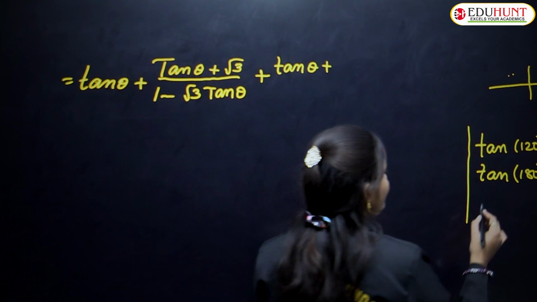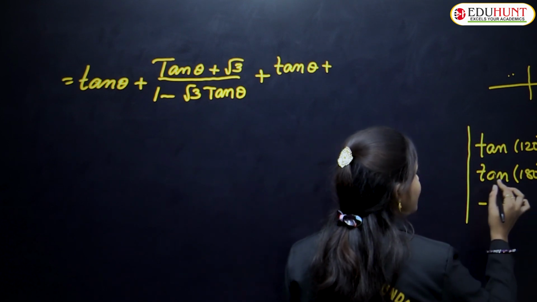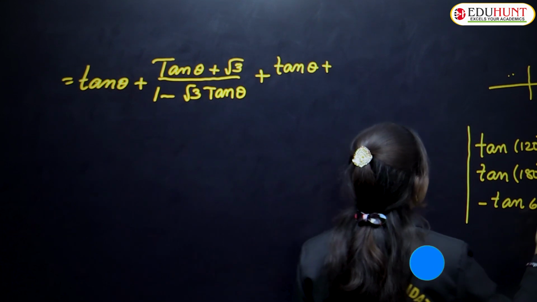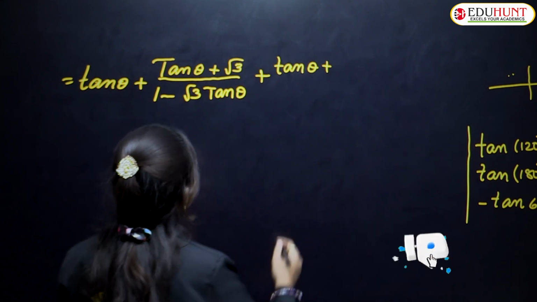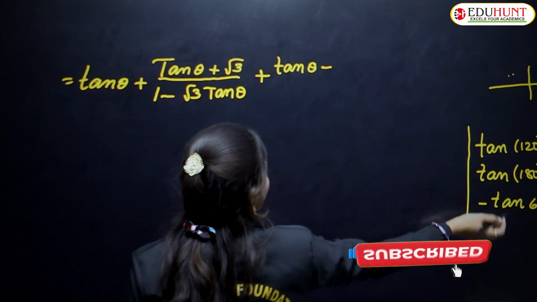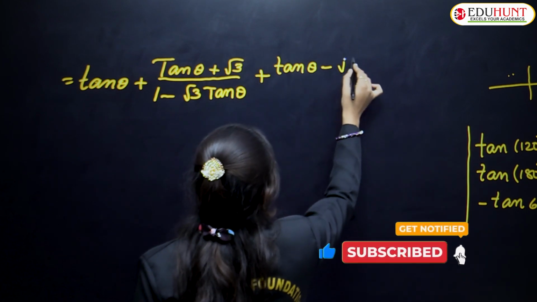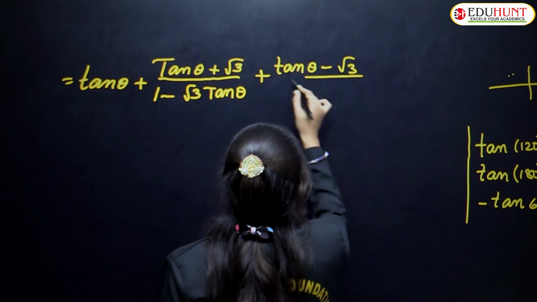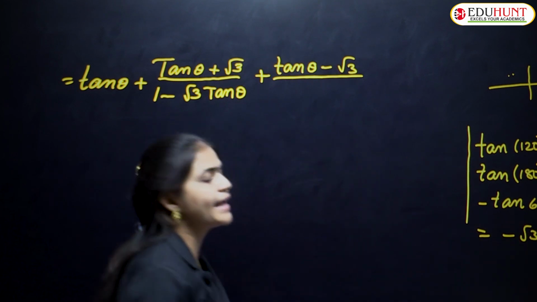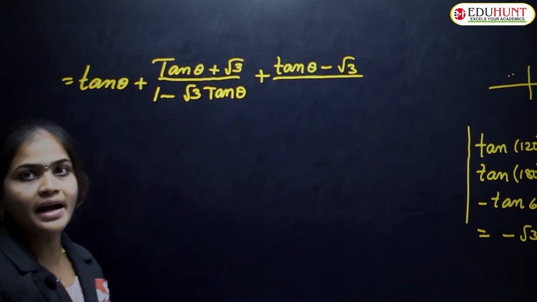Tan is negative. So minus, and since 180 is there, there is no change in the trigonometric ratio. So that is minus tan 60 degrees, which is minus root 3. Understand? So tan 120 degrees is equal to minus root 3.